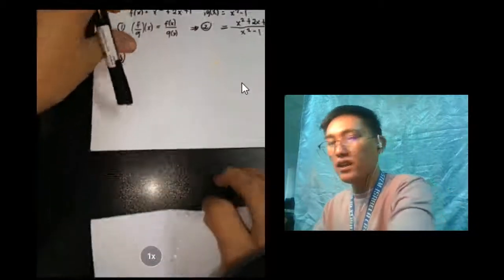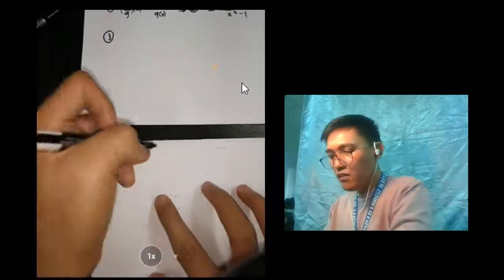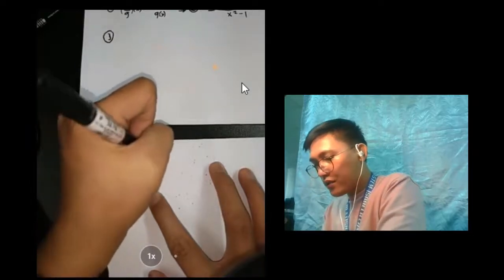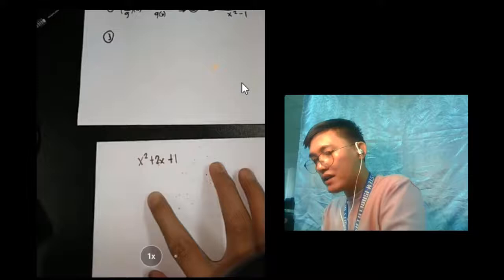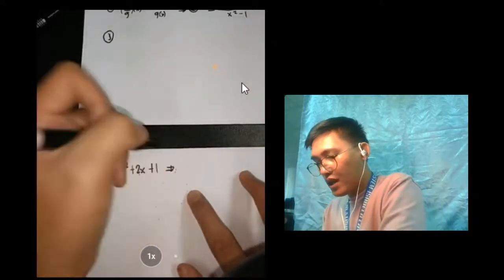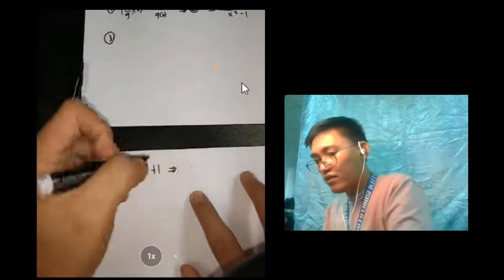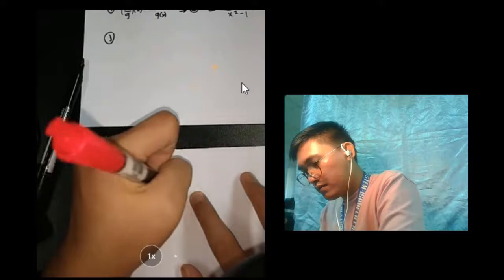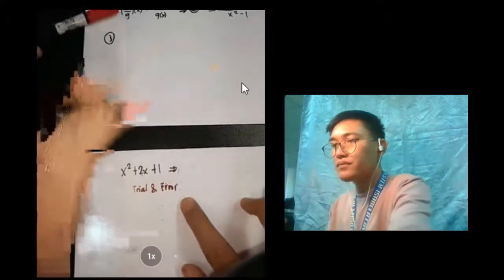So in the numerator, we have here x squared plus 2x plus 1. How to factor this? Of course, we have the so-called factoring by trial and error.